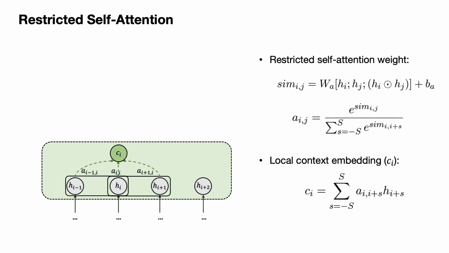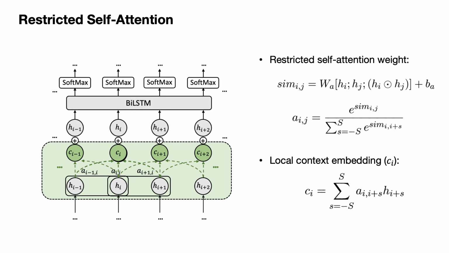Afterwards, we compute the weighted sum of all the sentence hidden states within the window as local context embedding for sentence i. After getting the local context embedding for all the sentences, we concatenate them with the original sentence hidden states and input them to another bi-LSTM layer.